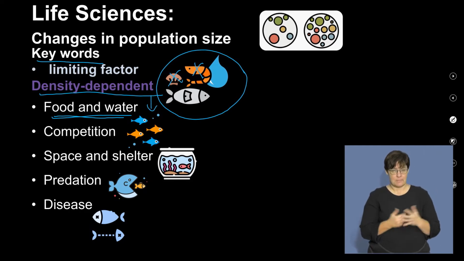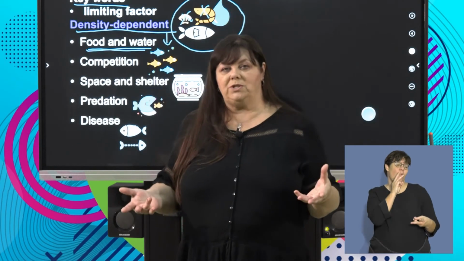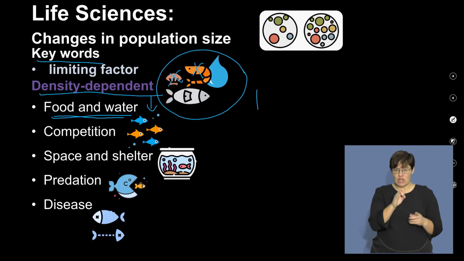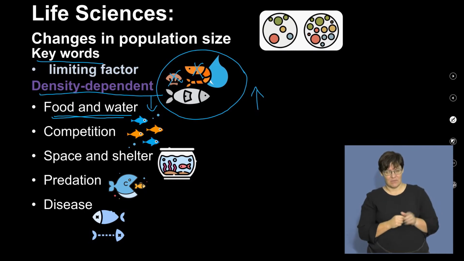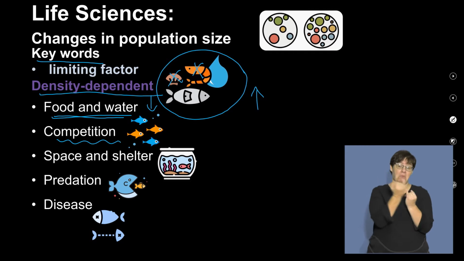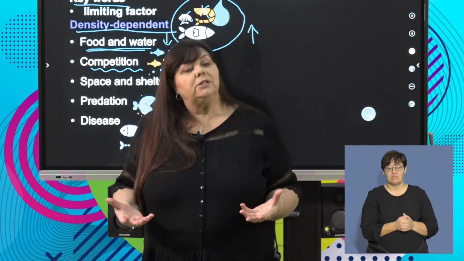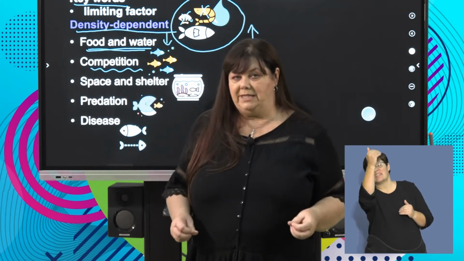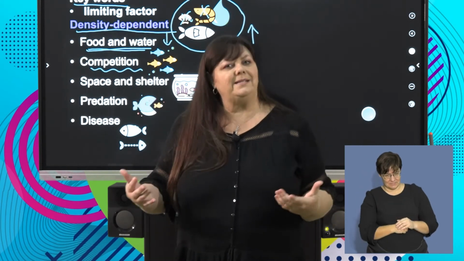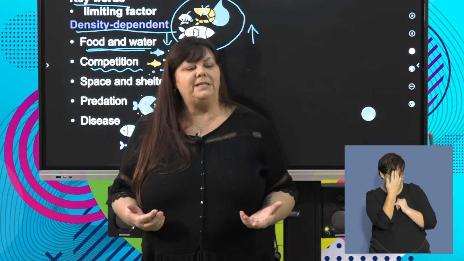Of course, if there's plenty of food and lots of water, that means that our population will increase in size. What about competition? We're going to look at competition in a number of lessons' time in lots of detail. But I think you understand the idea of competition.